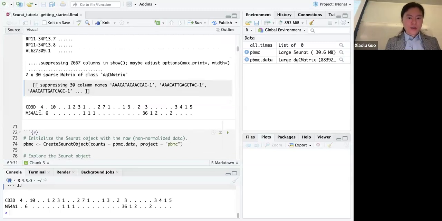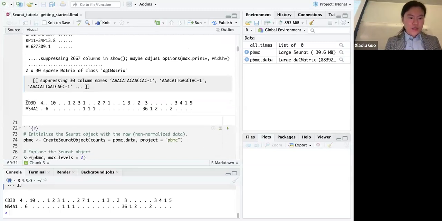And here is an example with these two genes. As we mentioned, each row is a gene and each column is a cell. So the first cell expressed this gene with 4 counts, and the dot means 0, so it doesn't express the MS4A1 gene.